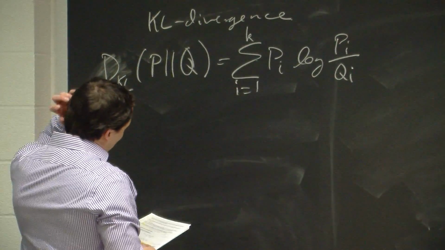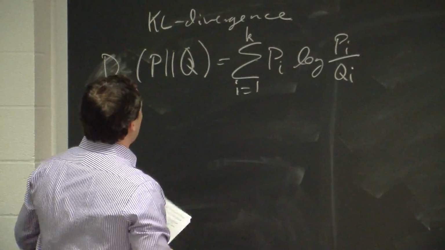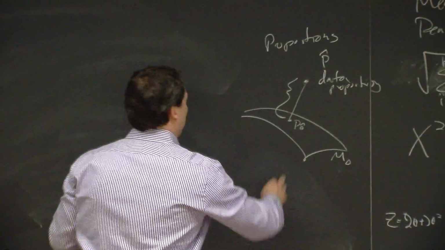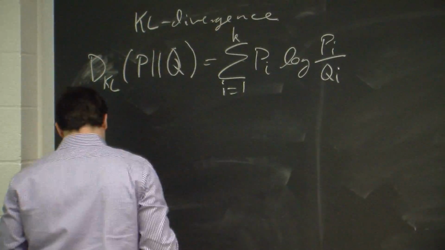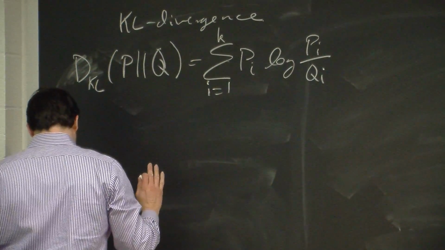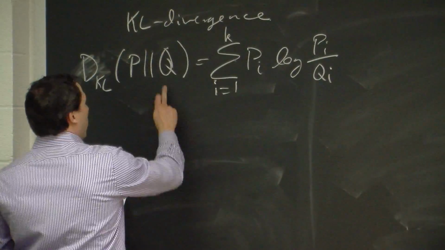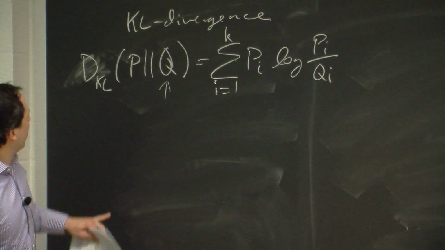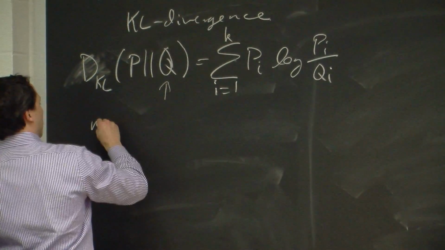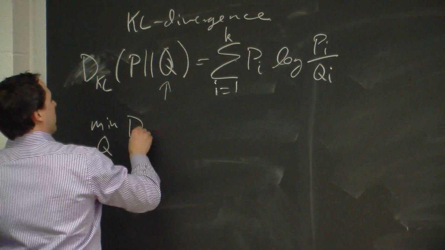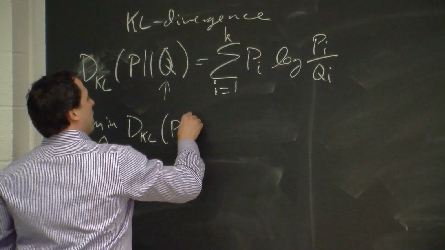So it turns out that minimizing this distance between the observed and the expected, or between the model. So I let, let's see, I want Q to vary, I think. So I could be mixing this up, but let's say we minimize over Q, d KL(P, Q).